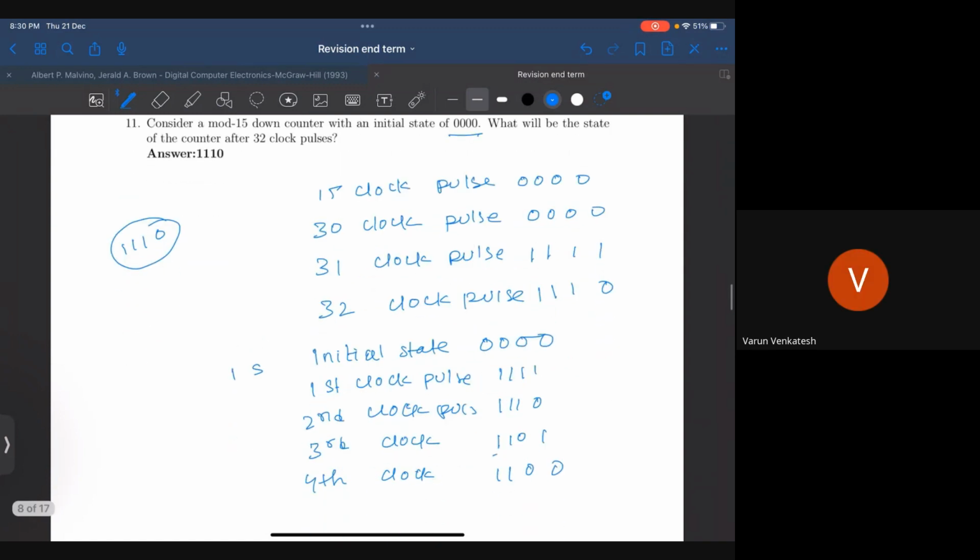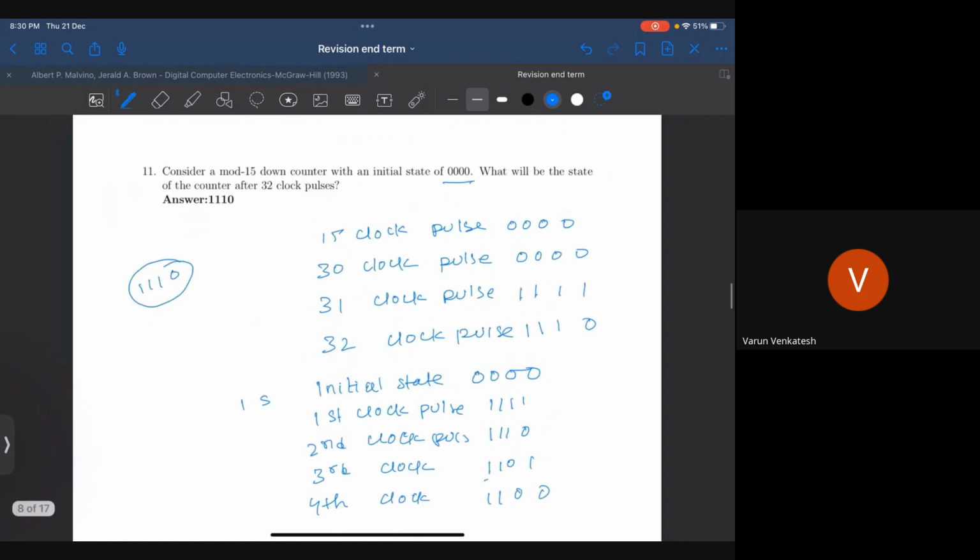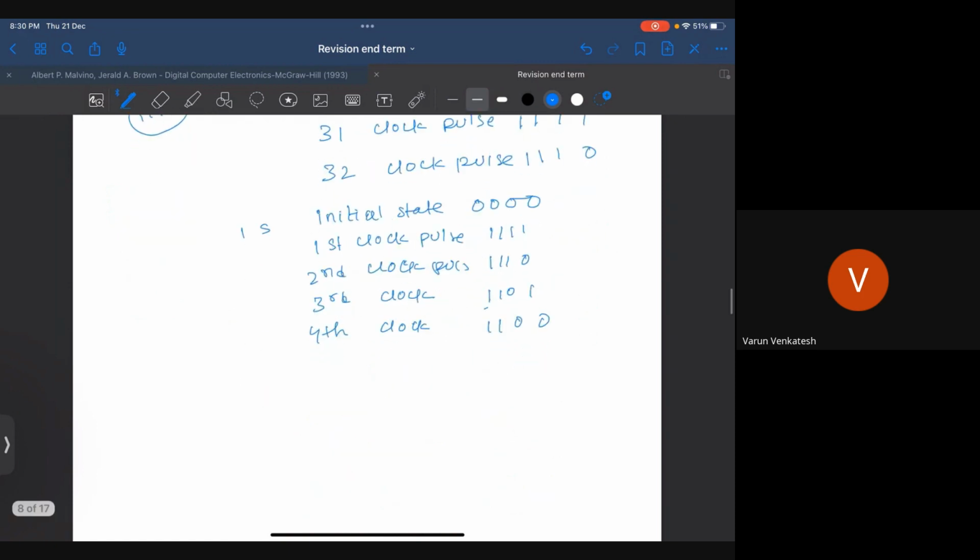Okay. Can you show the next one though? I think I'm getting confused after that. Can you run through the first 15 clock pulses? Okay, I'm writing the fifth clock pulse. You can write it in decimal, that's also fine.